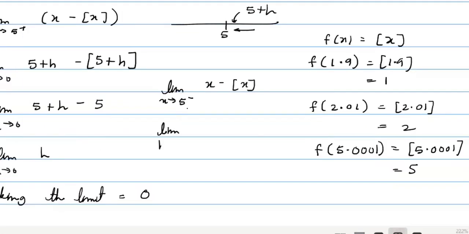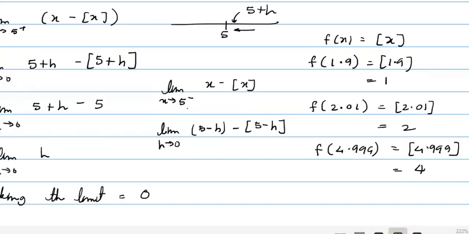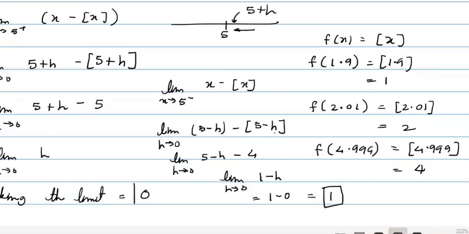If I write this as h tends to 0, 5 minus h, it will be 4.999. What do I get? I'll get 4. So this is the greatest integer function, the step function. So you have the limit of h tends to 0, 5 minus h minus 4. We will have 1 minus h, and taking the limit, the answer will be 1. And here we are getting 0.